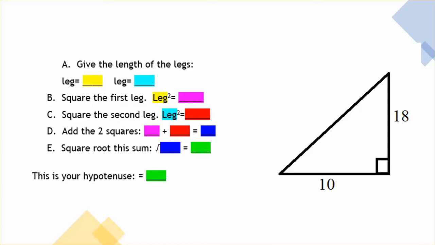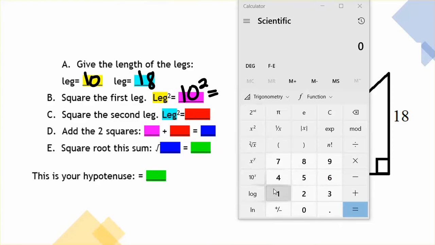The legs are those 2 short sides that touch the right angle. It doesn't matter which one I pick first. So I have 10 and 18. In step B, I'm going to square that first leg. So I'm taking 10 squared. 10 squared is 100.